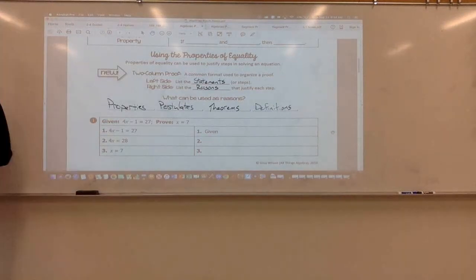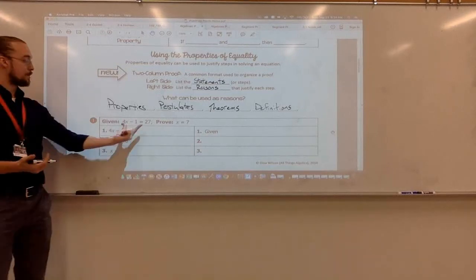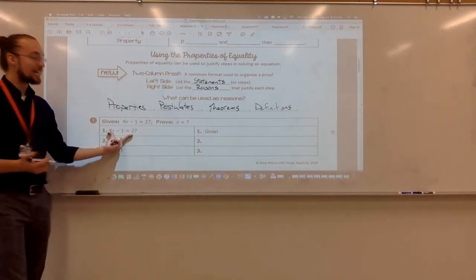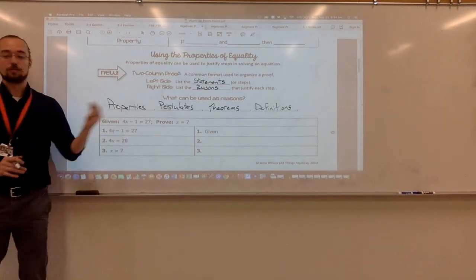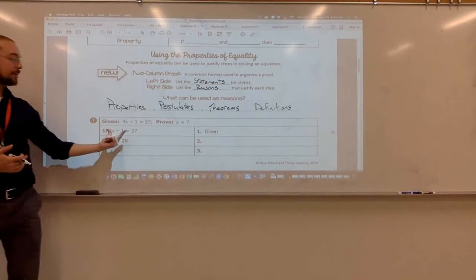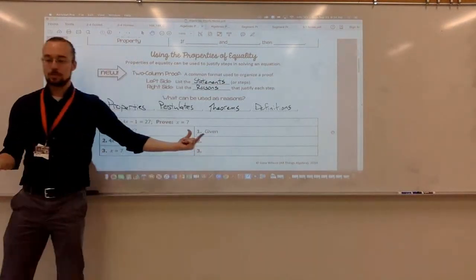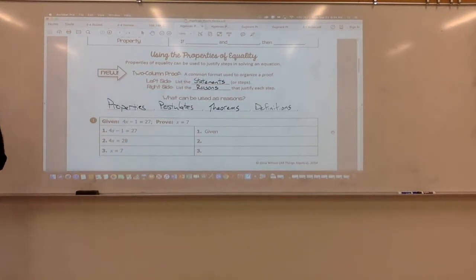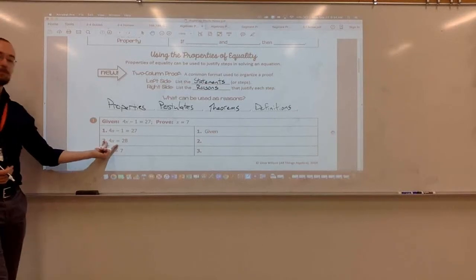For today, the given information is just going to be the equation that we have to solve. So the first line of every proof is whatever that given information is. The first line is to rewrite the equation, and the reason is, that's what they gave us. It's given.